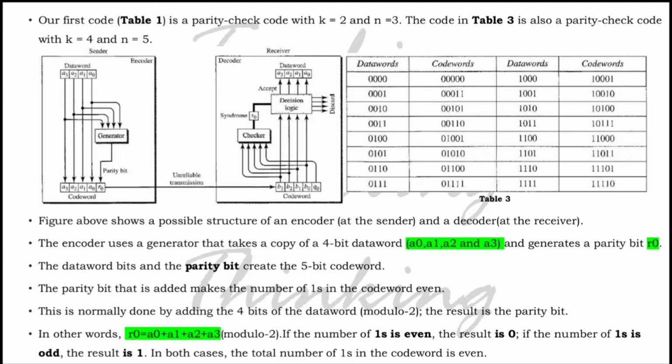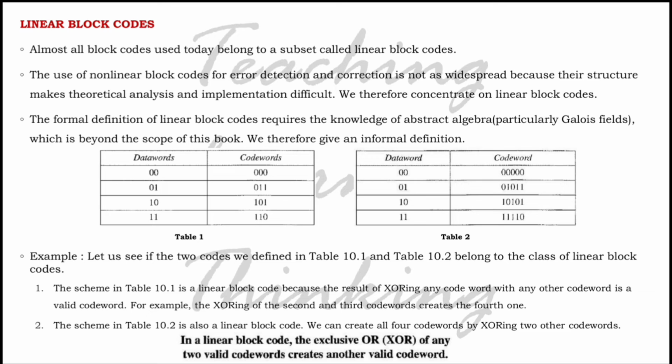If you see the figure, the first table is a parity check code with k equal to 2 and n equal to 3. The code in table 2 is also a parity check code with k equal to 4 and n equal to 5. In table 1, the data word is 2 bits, and they make it a code word of 3 bits by adding 1 bit.